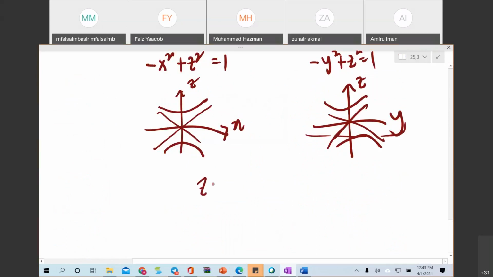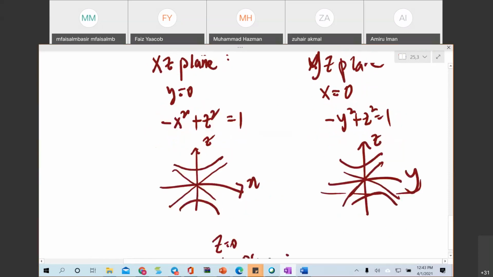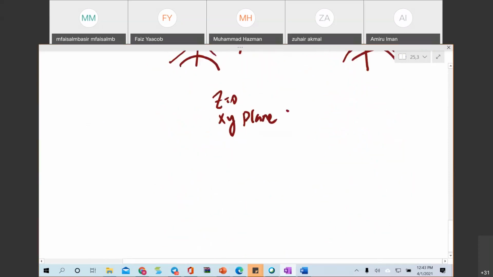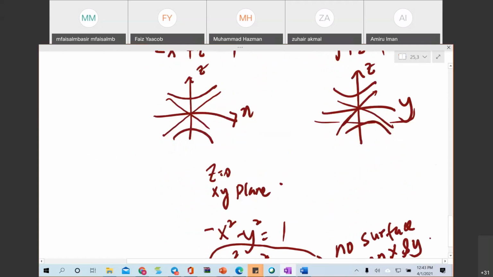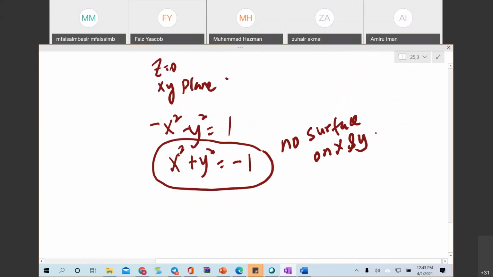So when I put z equals 0, which is the xy trace, we have negative x squared negative y squared equals to negative 1. If I put all positive, so negative 1 shows that there is no surface on x and y. Easy, because all these 2D graphs will lead to the 3D.